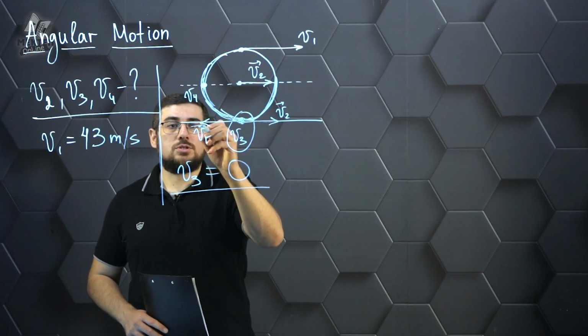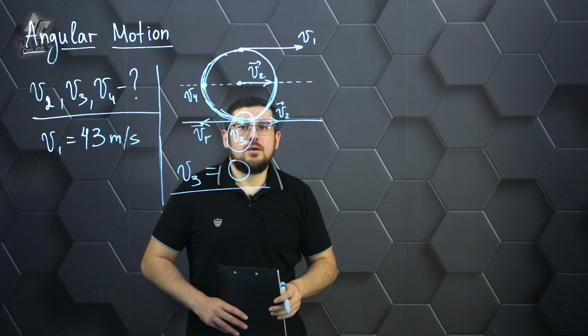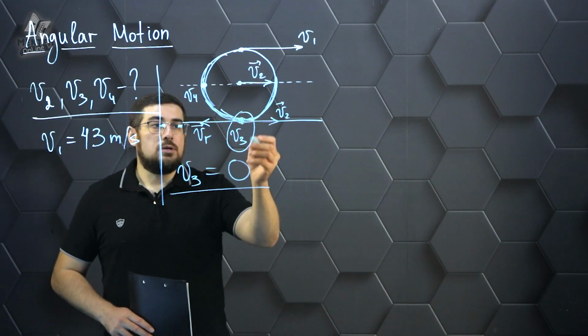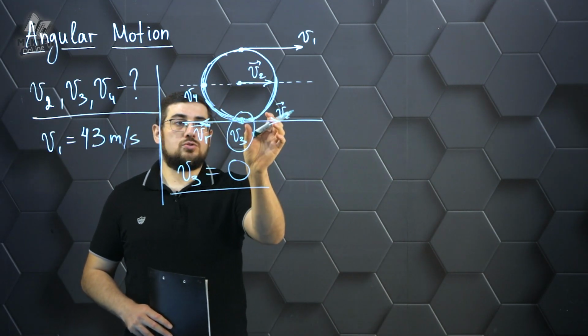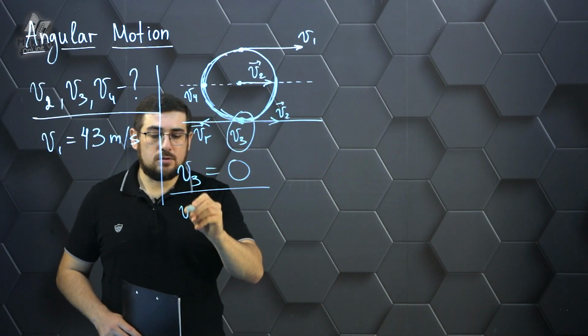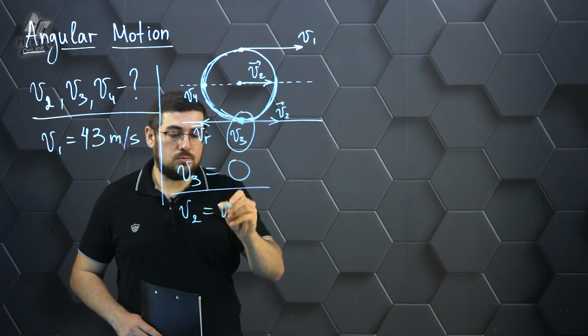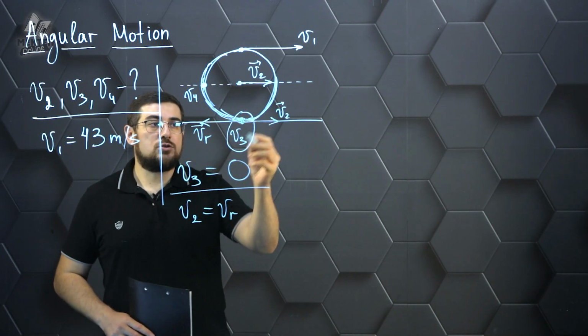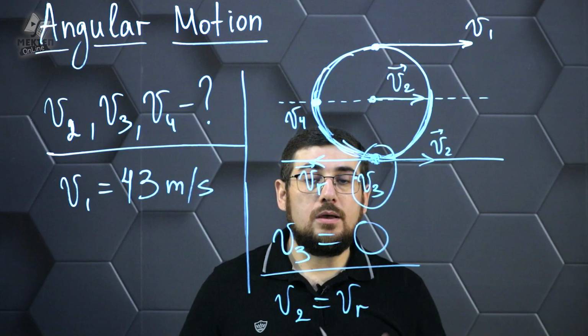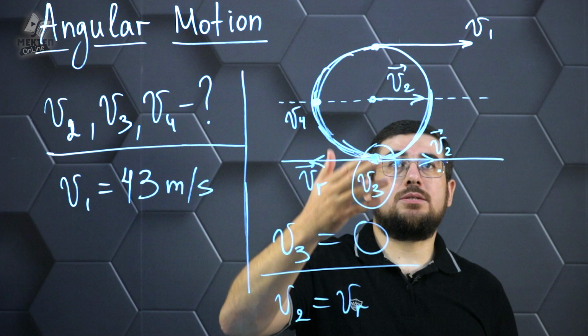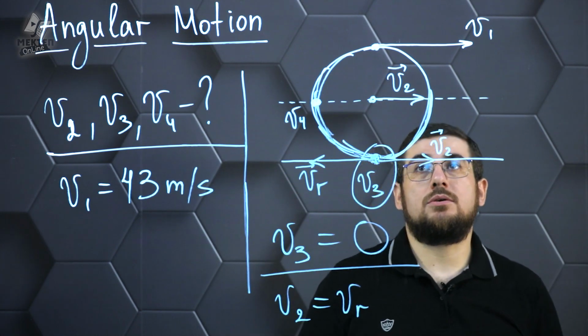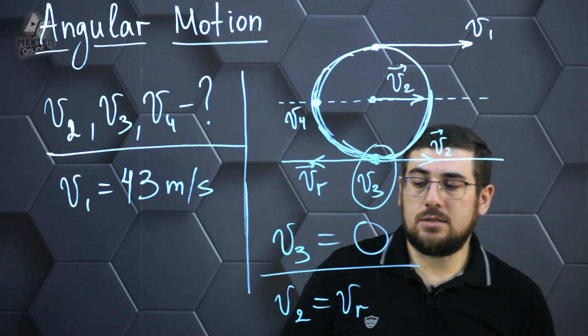Let's denote this speed as v with the subscript r. Considering that the final speed of this point relative to the Earth is 0, we can say that v2 and v_r are equal in magnitude to each other in this case. In other words, by summing these two speeds, we ultimately get 0. Where does this lead us? This leads to the fact that we can now view the situation from a higher perspective and consider v1 as the sum of two velocities.